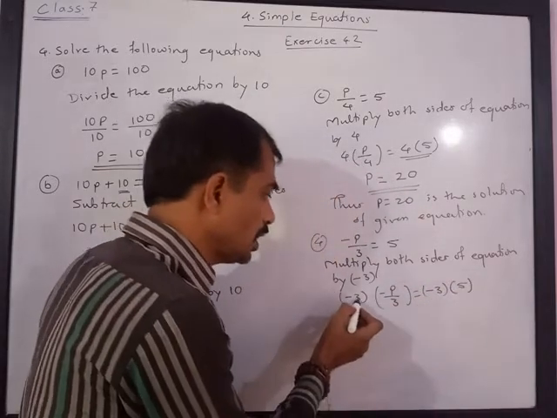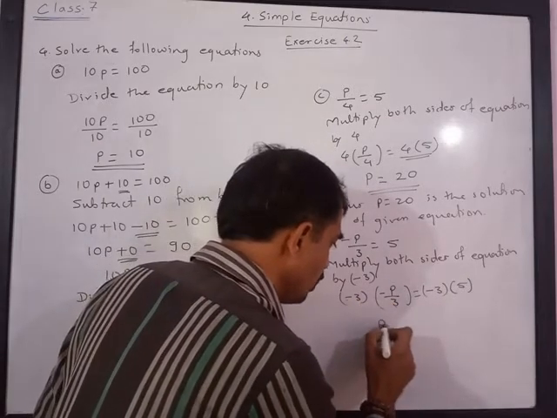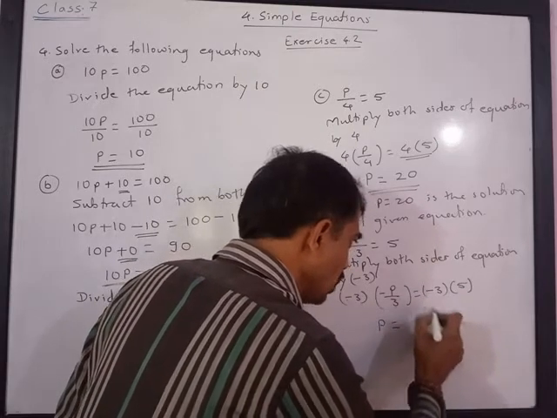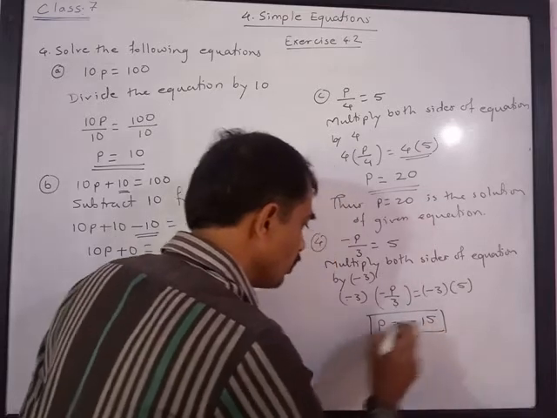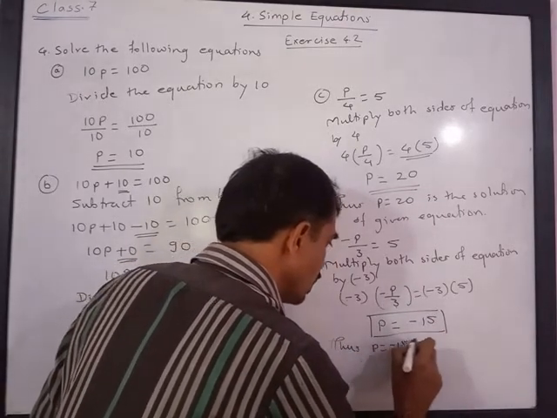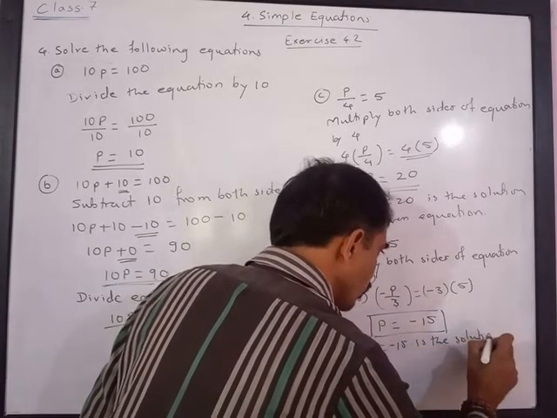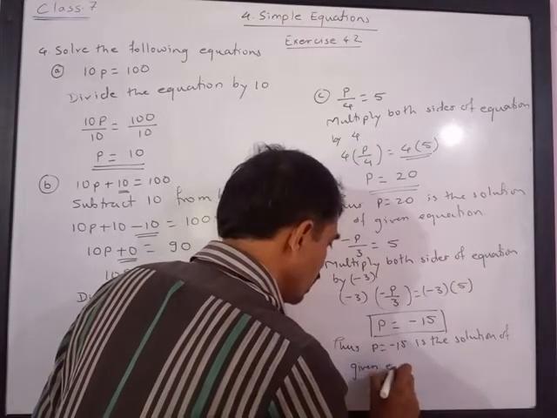Please note, 3 eliminates 3, and negative into negative becomes positive, so we will have only p on this side. On the other side, 3 fives are 15, and negative into positive is negative. So we will get p = negative 15. Thus p = negative 15 is the solution of the given equation.